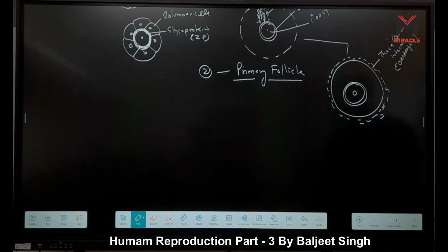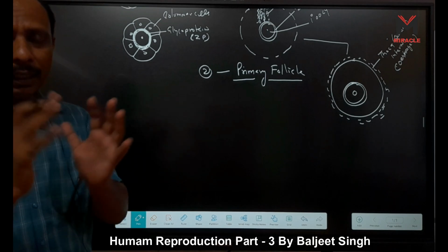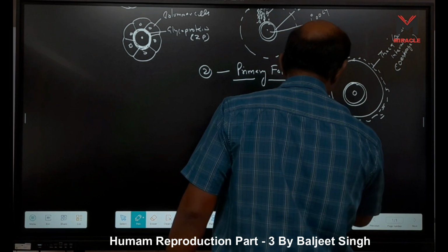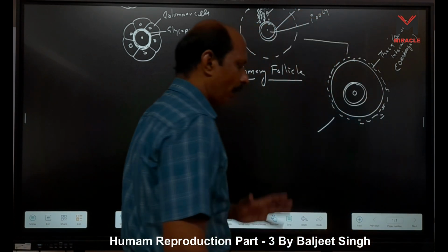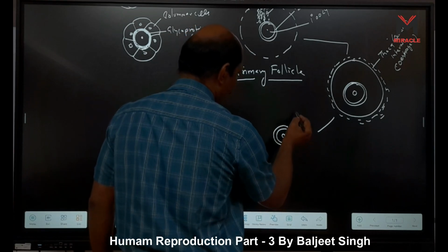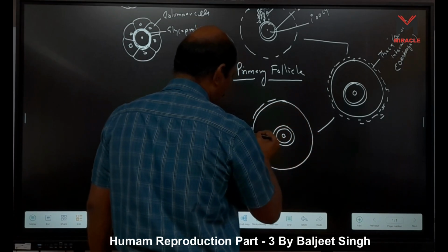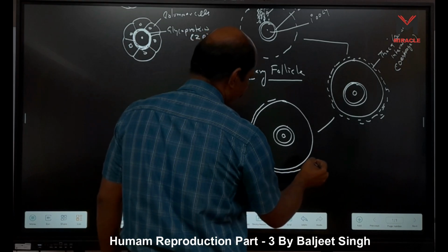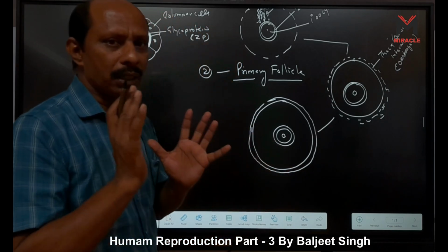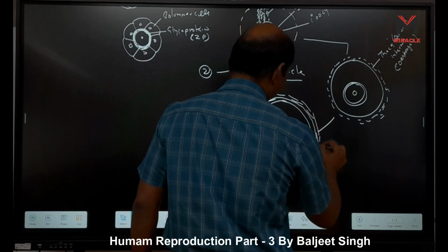Now it continuously increases inside, gradually. What happens? It also suppresses outside. What is there? It is collagen fiber, right? This is our oocyte, zona pellucida, membrana granulosa, and here a cellular layer is formed, called the theca interna, and this cellular layer also suppresses the muscular layer.